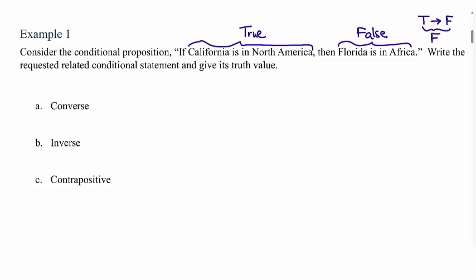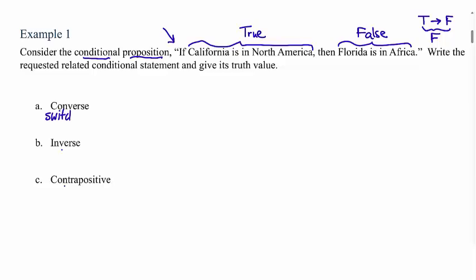And we practiced that in the last lesson. So in this lesson, we're going to take this original conditional statement, and we're going to create new statements that are related to it, the converse, the inverse, and the contrapositive. Now remember, the converse changes the order.